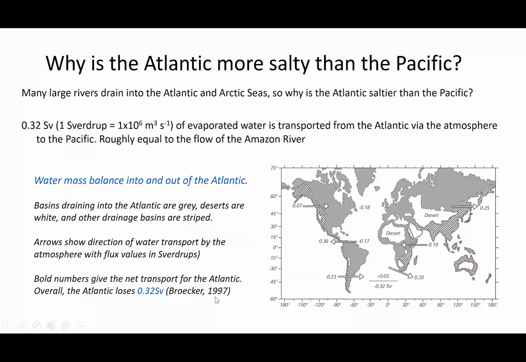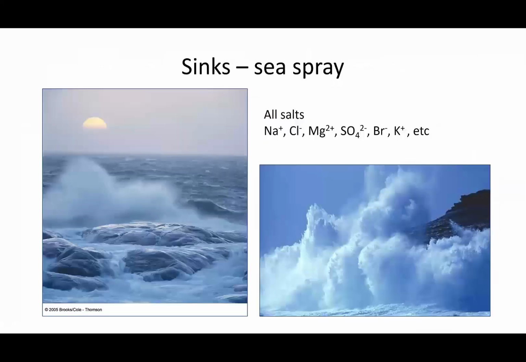Wally Broecker added up these fluxes of water through the atmosphere in different areas and was able to calculate that, on average, there were 0.32 spheredrops of water transferred from the Atlantic Ocean basins into the other basins via the atmosphere. One spheredrop is 1 million cubic metres of water per second. Every 3 seconds, there is a net transfer of 1 million cubic metres of water out of the Atlantic basin over into the other basins onto the land.